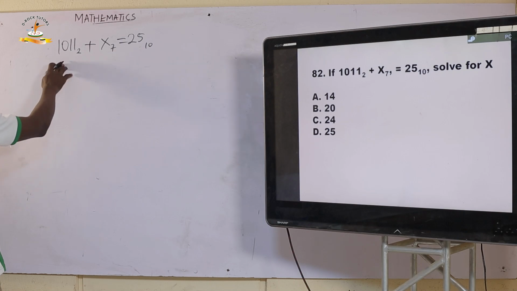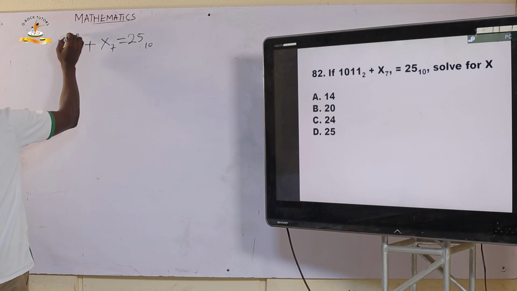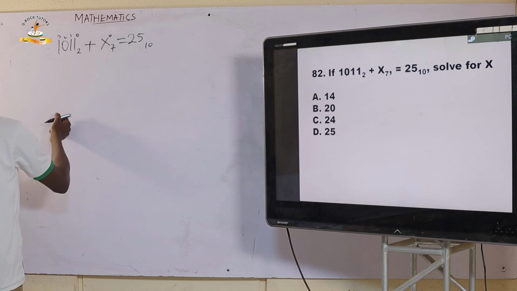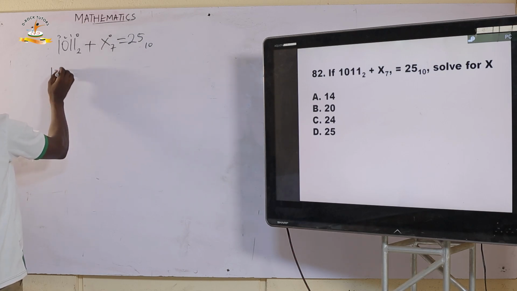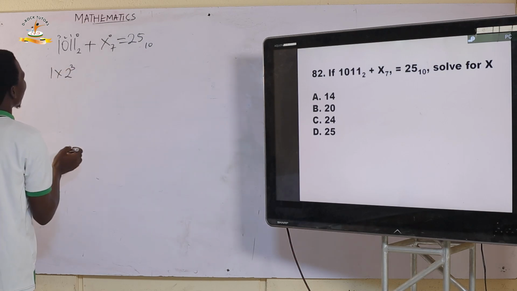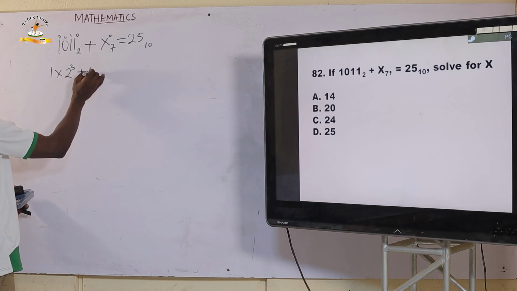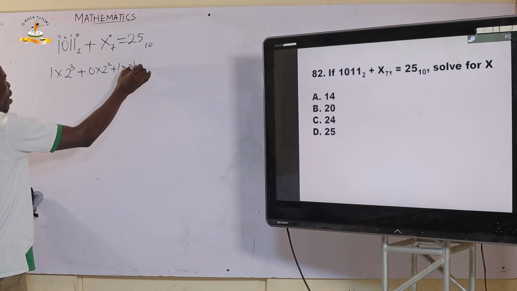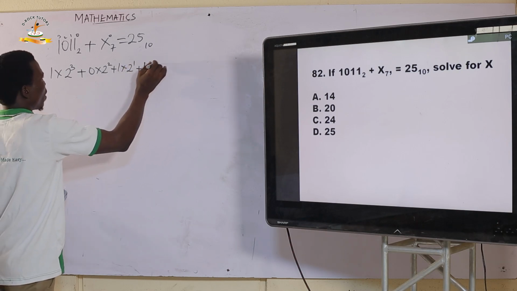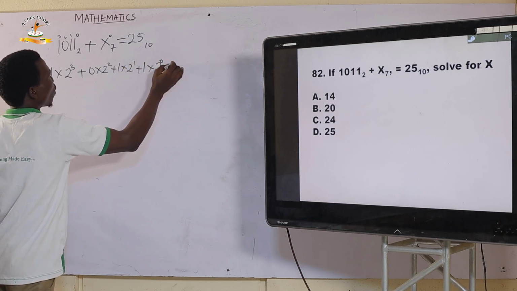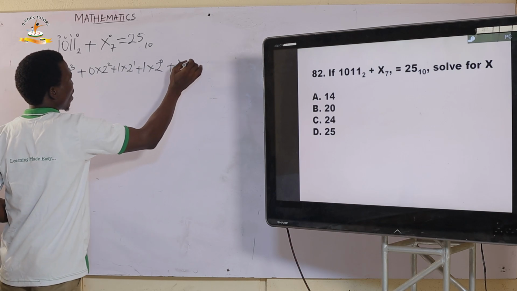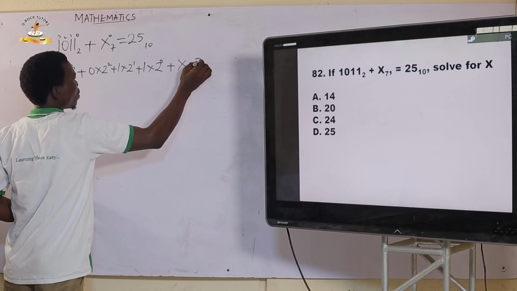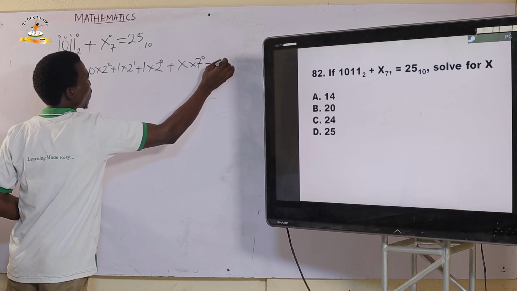So don't forget how we do this: 0, 1, 2, 3, and this is just nothing but 0 at the top, and we can start. 1 multiplied by 2 raised to power 3 plus 0 multiplied by 2 raised to power 2 plus 1 multiplied by 2 raised to power 1 plus 1 multiplied by 2 raised to power 0 plus x multiplied by 7 raised to power 0 equals 25.